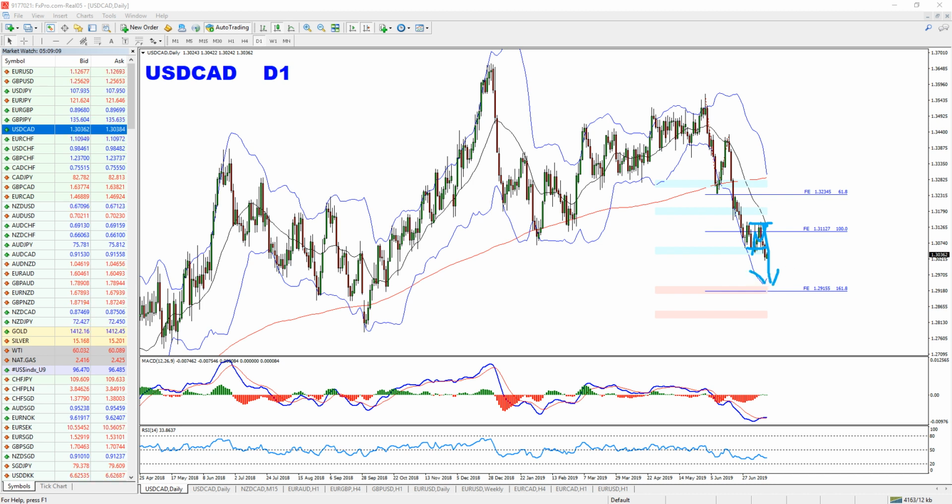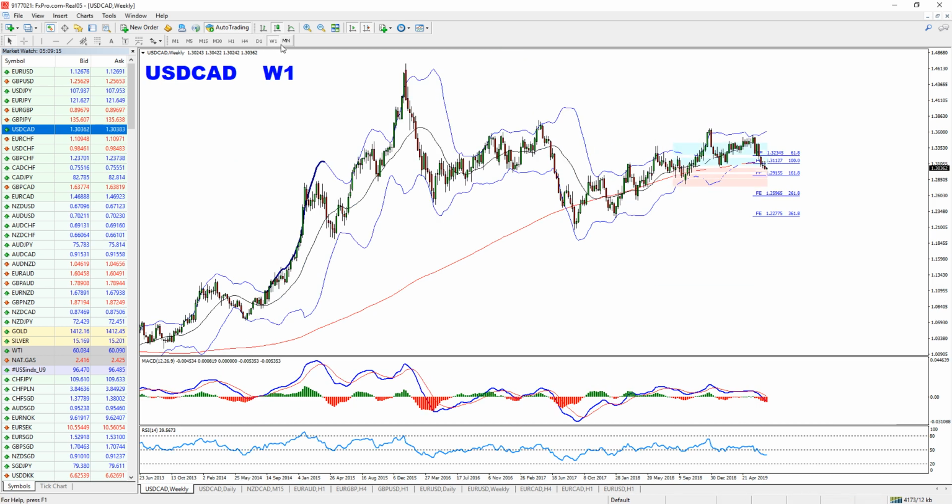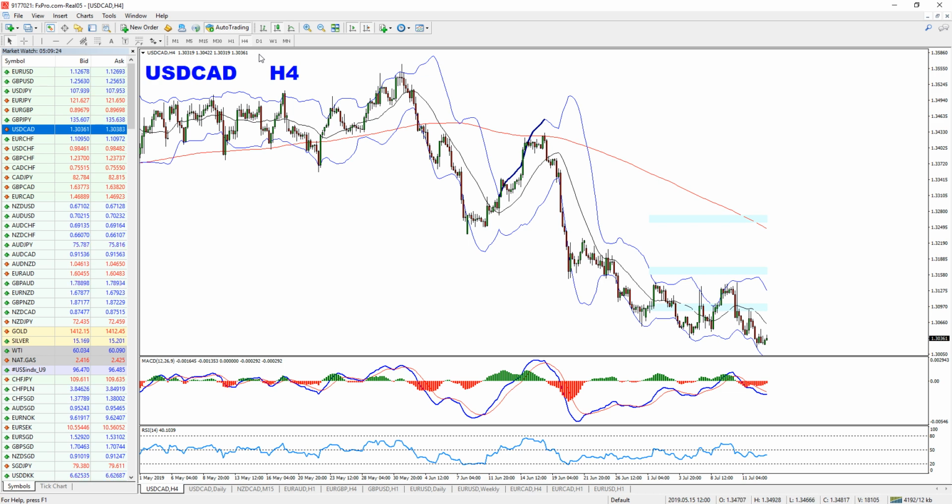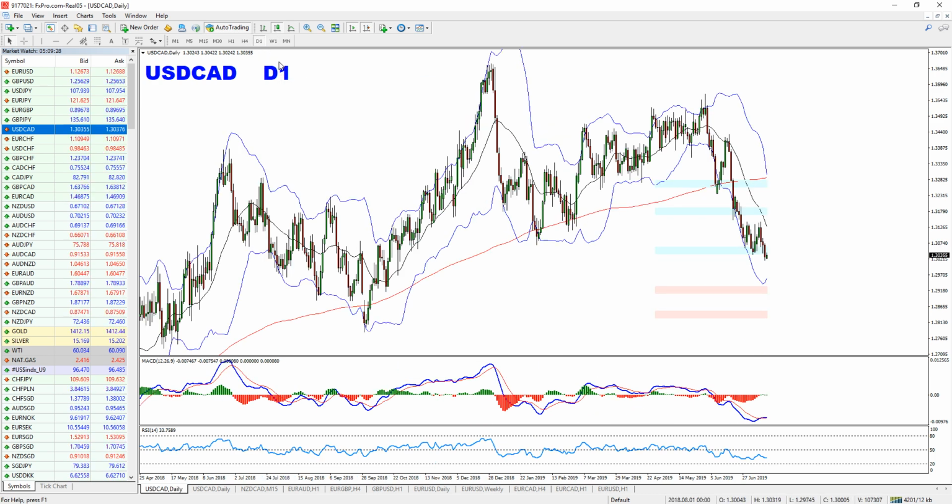So I would not be surprised at all if we will see the dollar Canadian pushing slightly lower before it all changes. At that moment, as for now, I keep my bearish expectations for the dollar CAD as long as we do not have an official reversal to the upside.